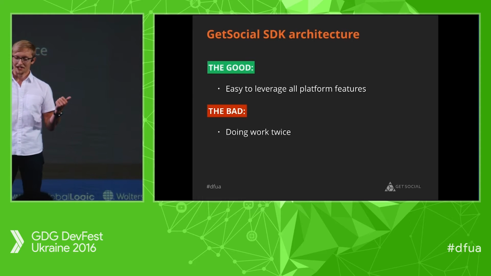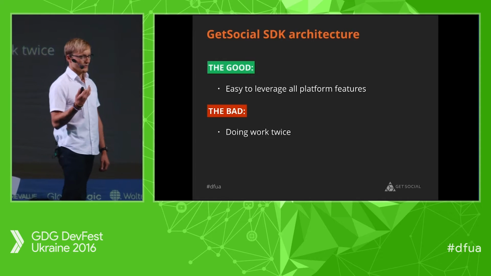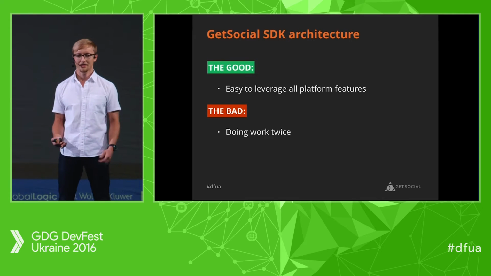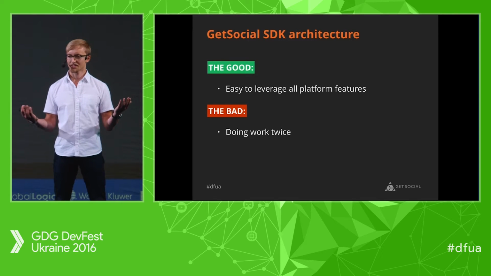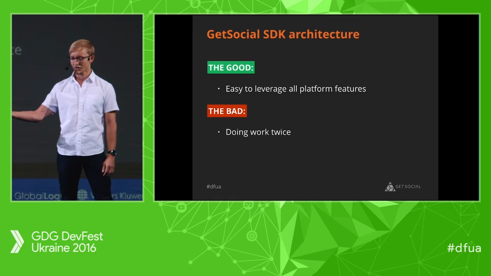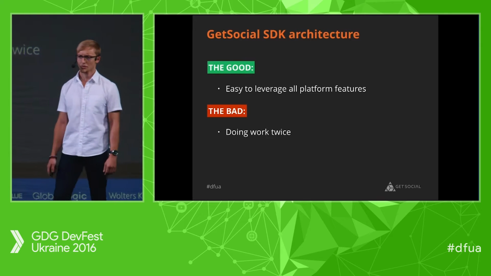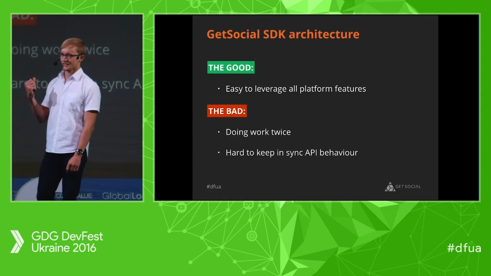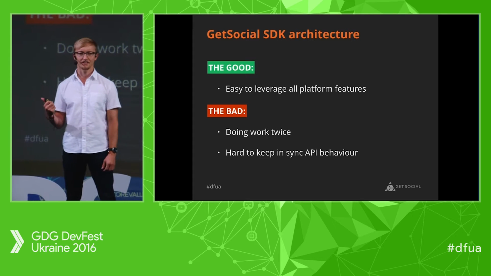But that's the only benefit. If you are looking for drawbacks, we are building exactly the same SDK twice, because functionality should be exactly the same. And we do at first work on Android in Java, and then later on iOS. Second problem we faced with this approach is it's very hard to keep API in sync.